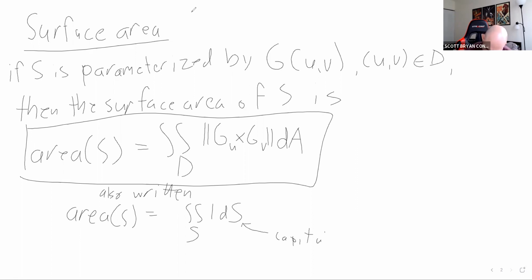So don't get this mixed up with lowercase s. Lowercase s is arc length. Capital S is surface area. Kind of unfortunate, but that's how it goes. So it's a double integral because we're integrating over a 2-dimensional region, a surface.